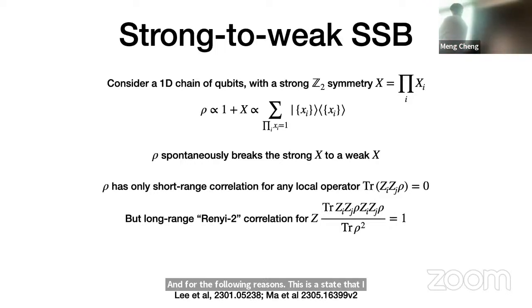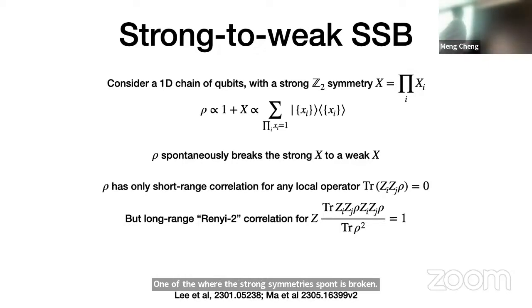Well, it has a strong symmetry to begin with, okay? But it's locally indistinguishable from a state with only weak symmetry, that's rho equals 1. So in this sense, the strong symmetry is not there. We should really think of it as a state where the strong symmetry is spontaneously broken to weak.